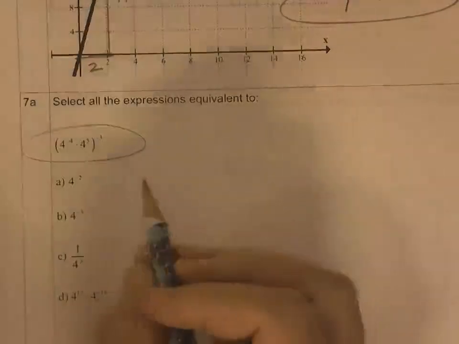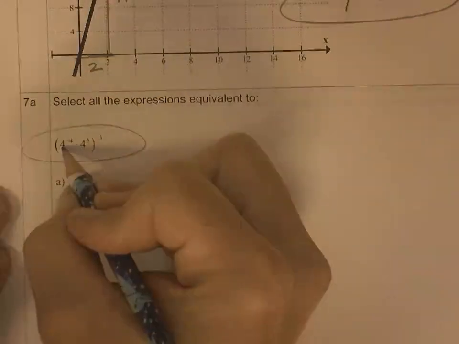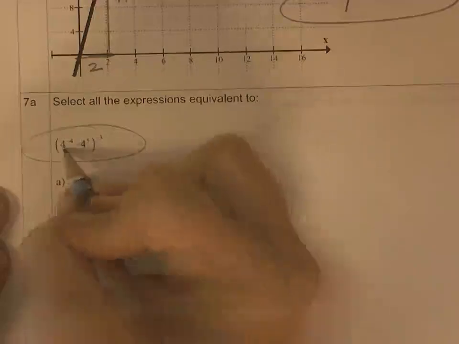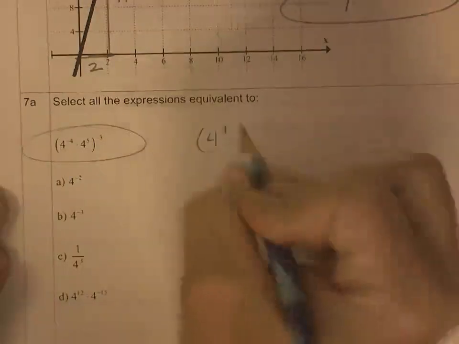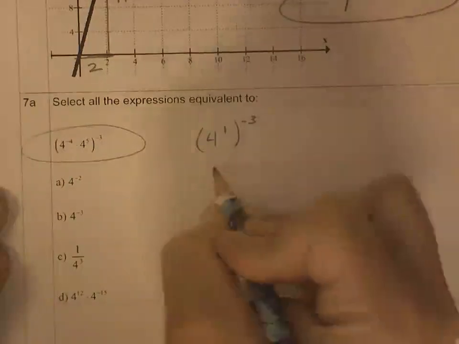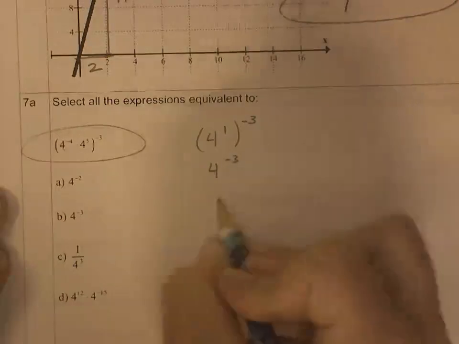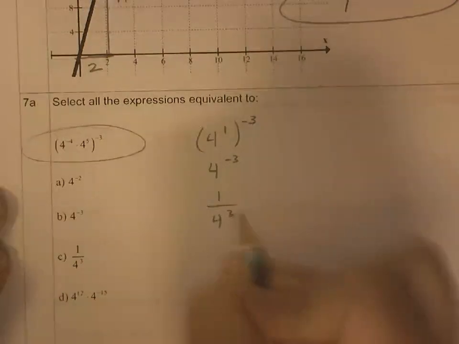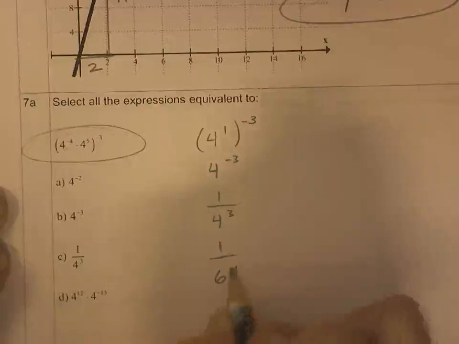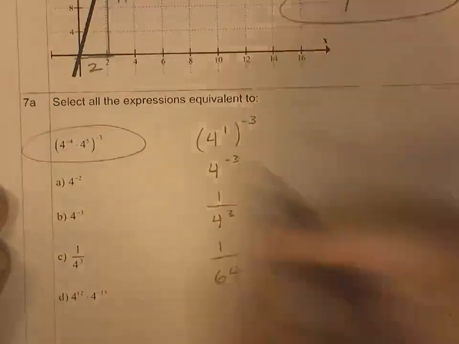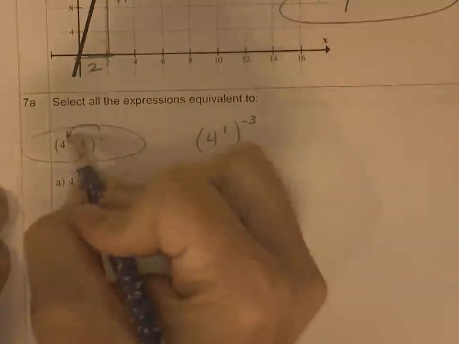Next one, select all the expressions that are equivalent to this one. Equivalent means equal to. Let's see. I'm going to just solve it over here. Base add gives me 4 to the first to the negative 3, which gives me 4 to the negative 3, which gives me 1 over 4 to the third, which gives me 1 over 64. So I know those are all equivalent. And then I can also kind of do a distribution method.